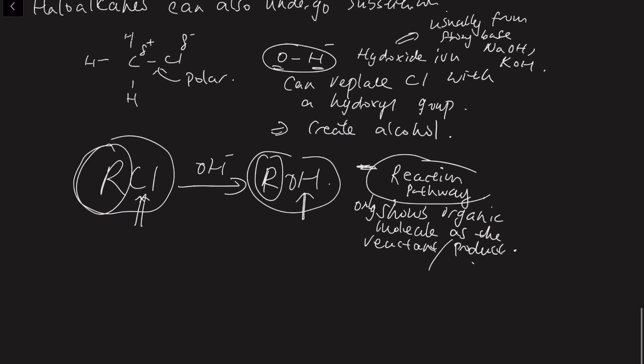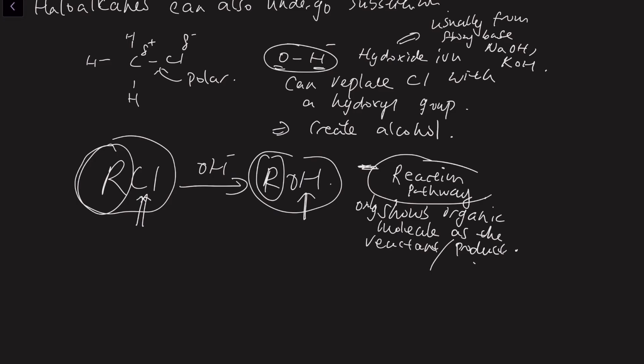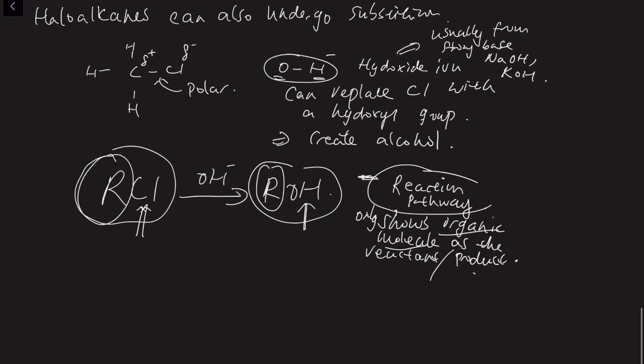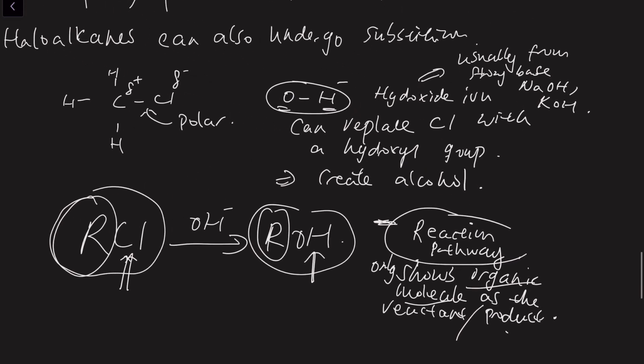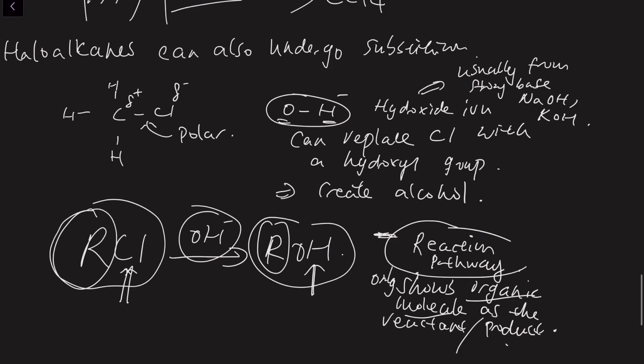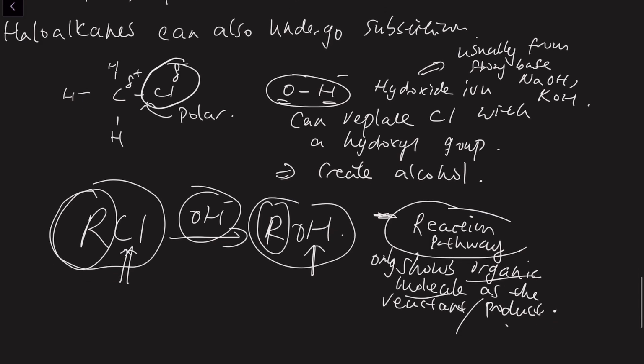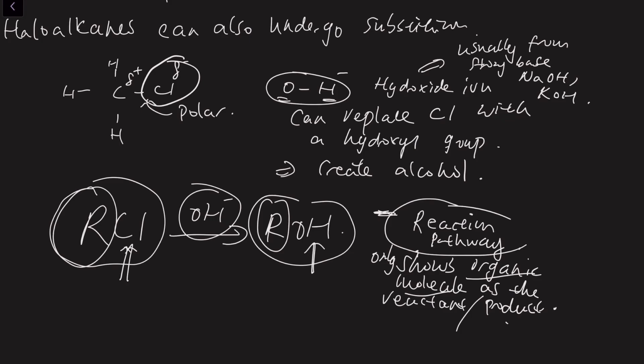And one of the characteristics of this reaction pathway equation is that it only shows organic molecules as the reactant and product. We know that the hydroxide ion, the OH minus ion, participates in this reaction. It actually displaces the chlorine atom, and so transforms haloalkanes into alcohol.